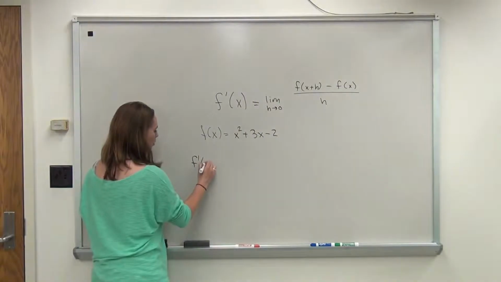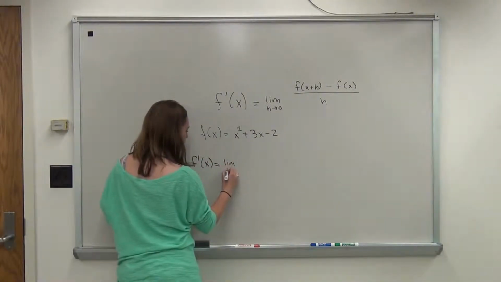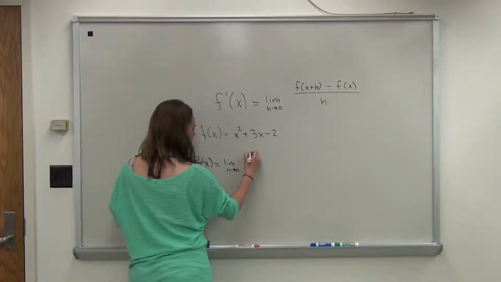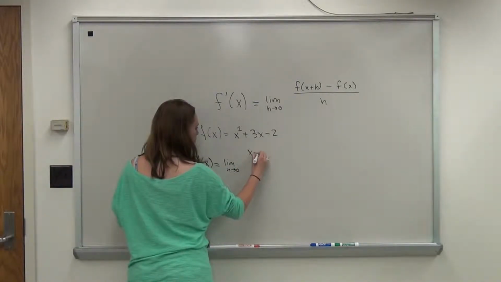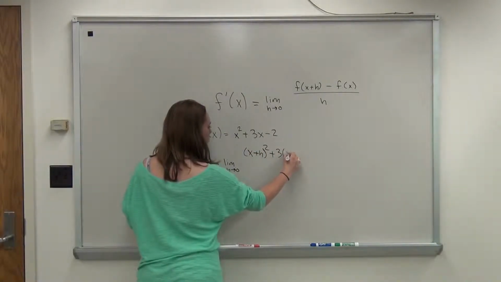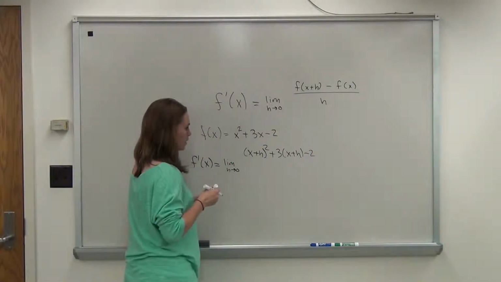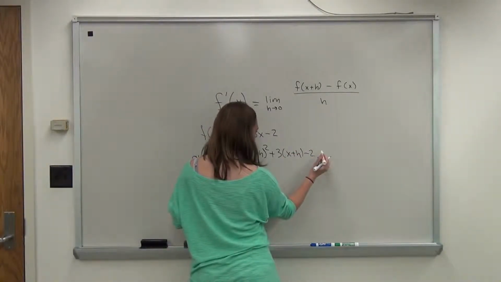So we plug it into our formula, f prime of x is equal to the limit as h goes to 0 of (x plus h) squared plus 3 times (x plus h) minus 2. I'm going to put this negative sign in red.